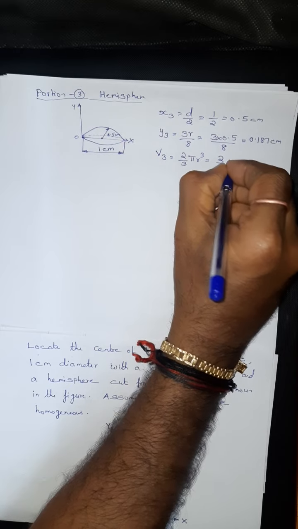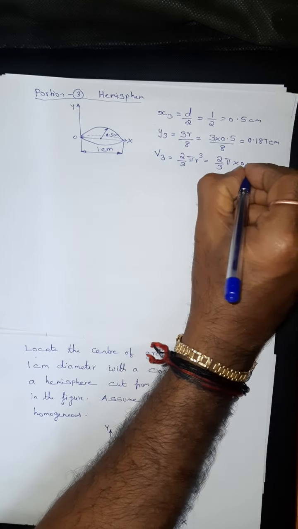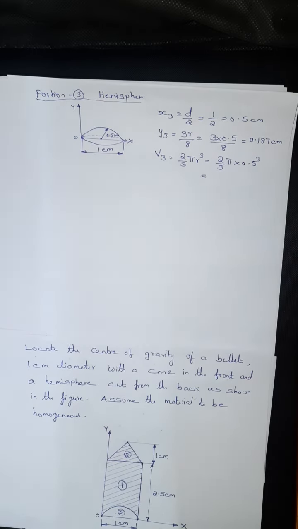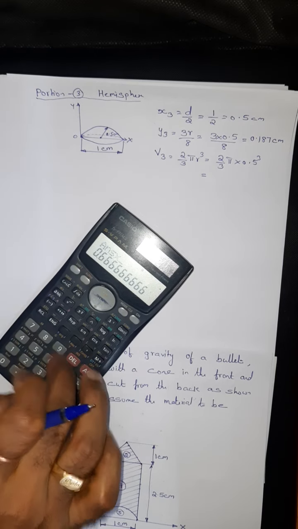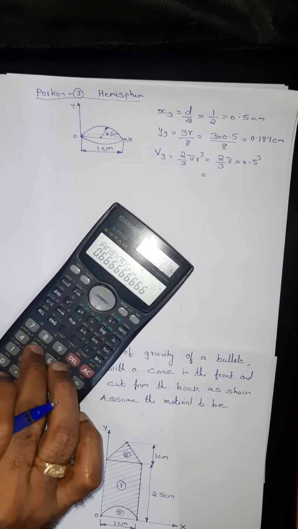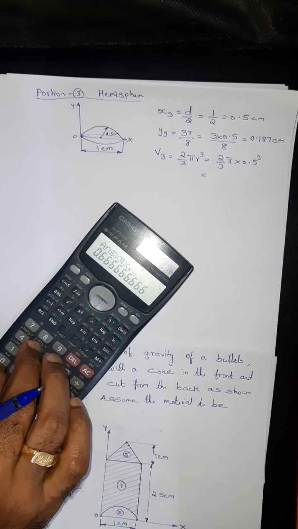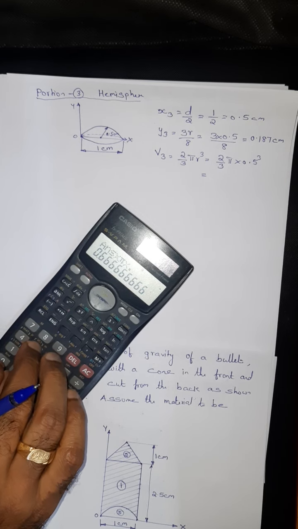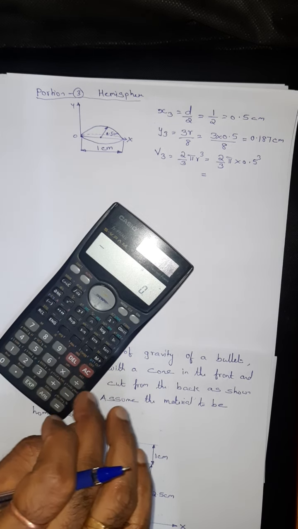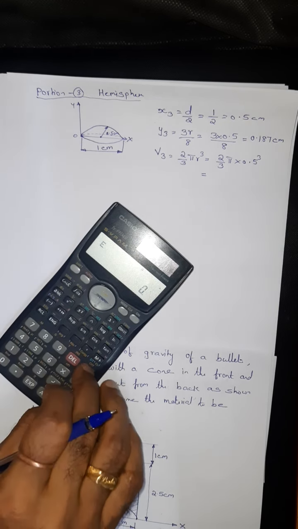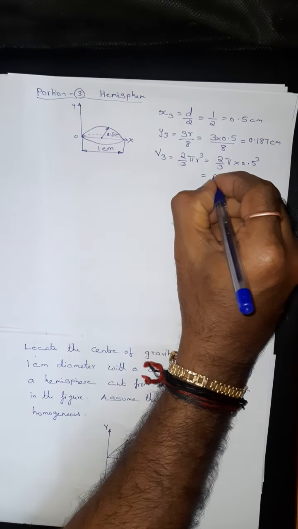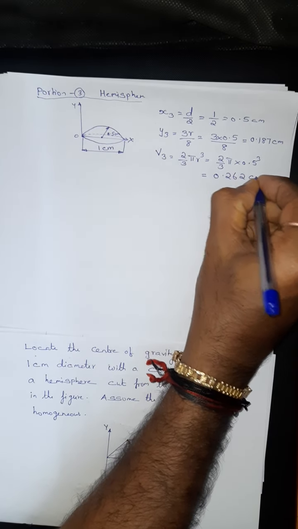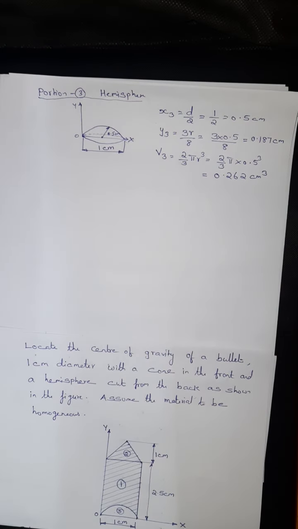So 2 by 3 into pi into radius 0.5 cube, which is equal to 2 divided by 3 into pi value into 0.5 cube, isn't it? So let me just calculate this. Which works out to 0.262 centimeter cube. Got it?